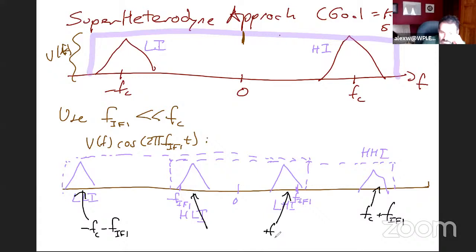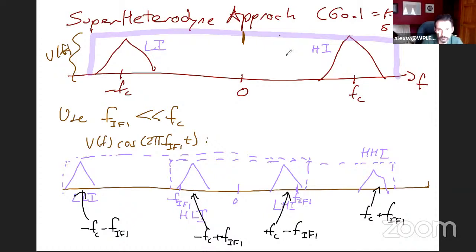Plus, minus. And this is going to be minus FC plus FIF1. Then what you would do is you would either low pass or high pass filter out the replicas and reject the others. Sorry, band pass.